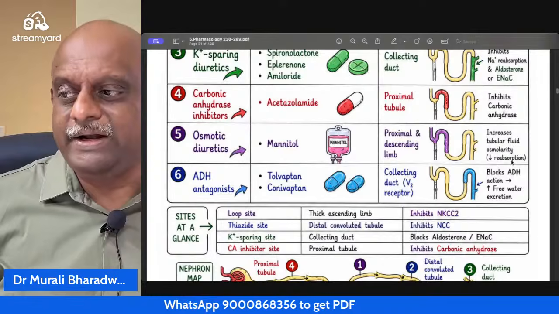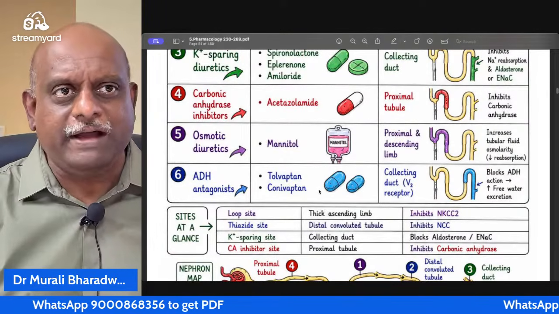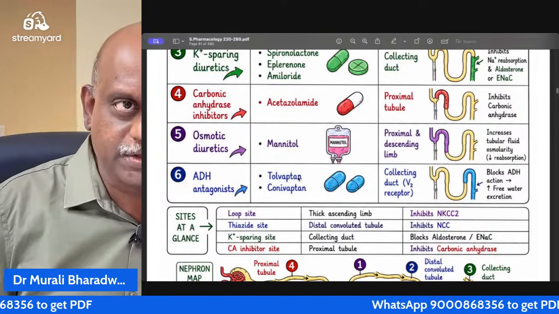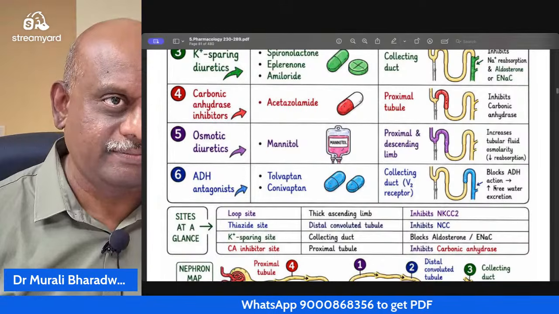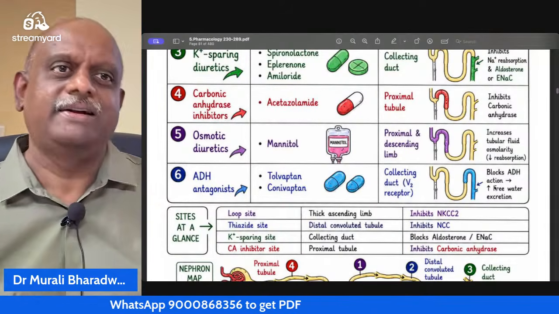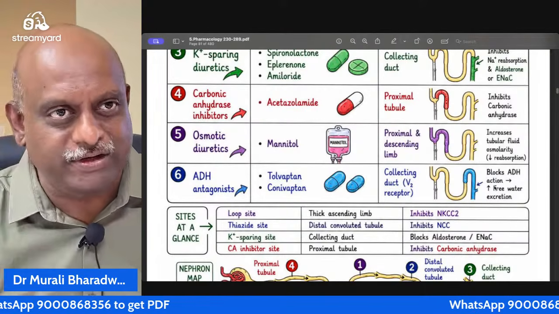That's how mannitol works. Then tolvaptan, conivaptan are antidiuretic hormone antagonists. They block the ADH action. Anti-antidiuretic is diuretic. That's how ADH antagonists work.